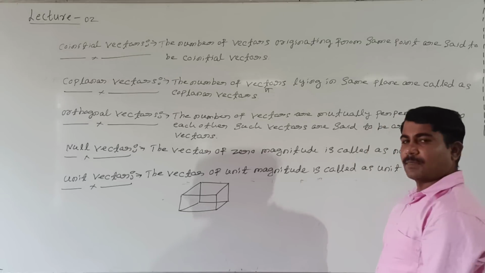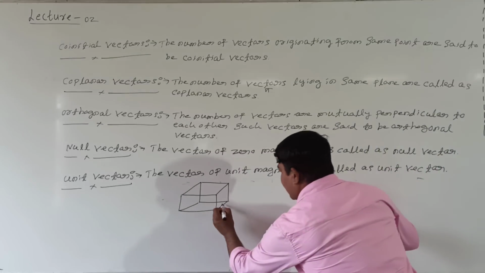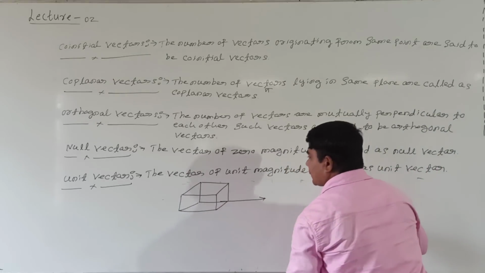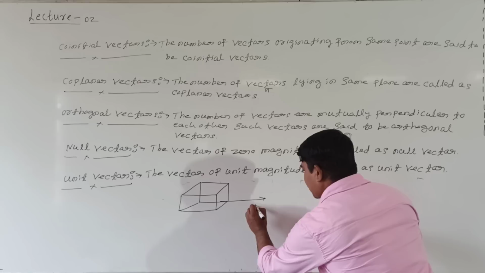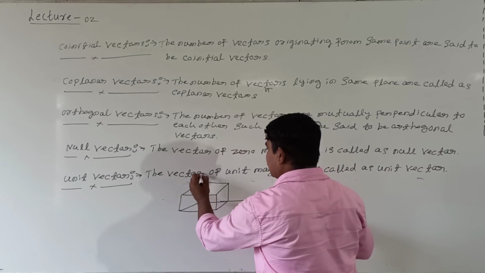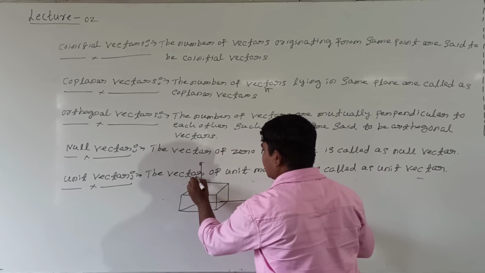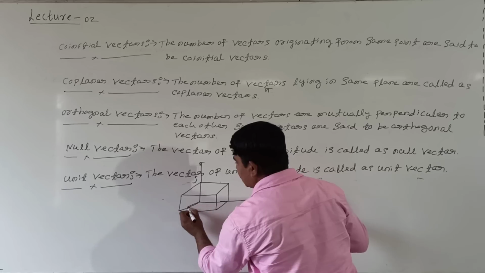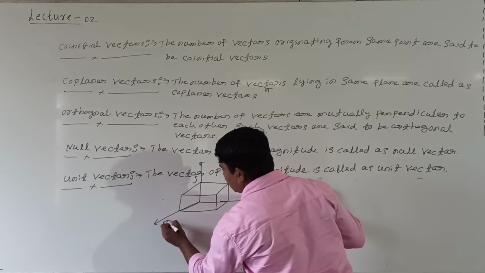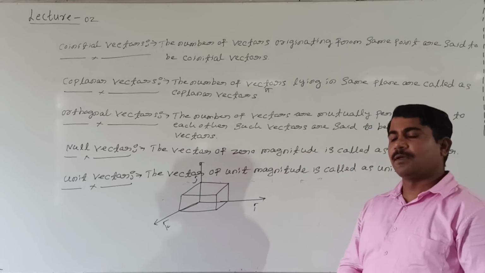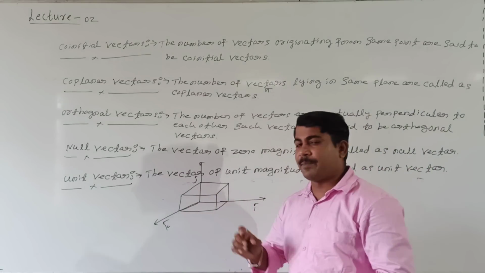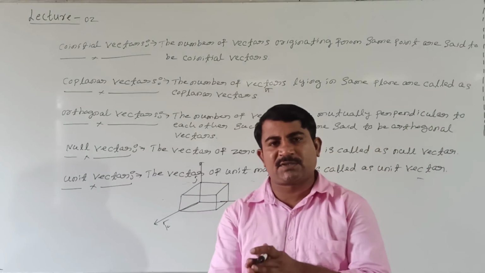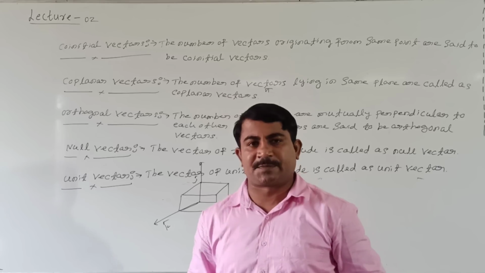This we are calling x-axis. Along the x-axis, I cap is there. Along the y-axis, we call this j cap. Along the z-axis we are calling k cap. I cap, j cap, k cap represent unit vector along x-axis, y-axis and z-axis respectively.